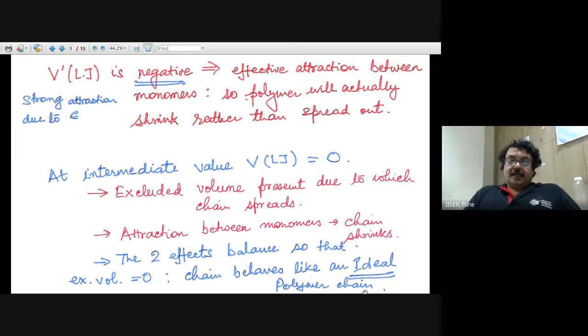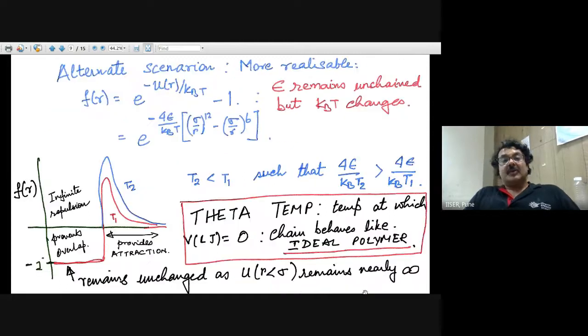Okay, so rather than talk about changing epsilon in experiments, it's often easier to change the temperature. So let's look at the same problem in a slightly different way, where we write f(r) equal to basically minus U(r) by kBT.